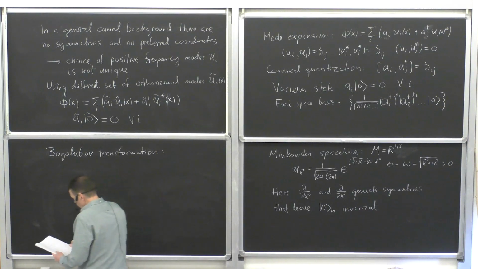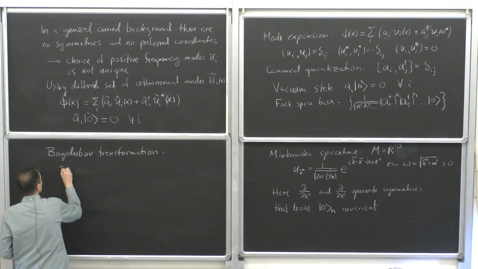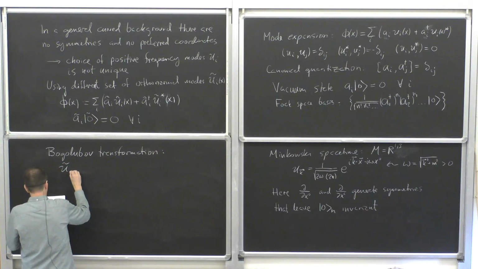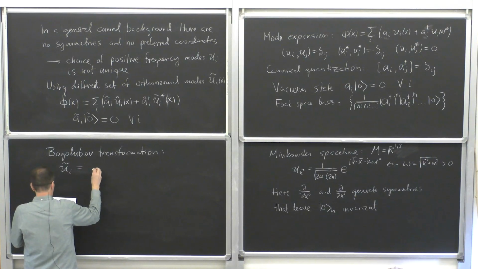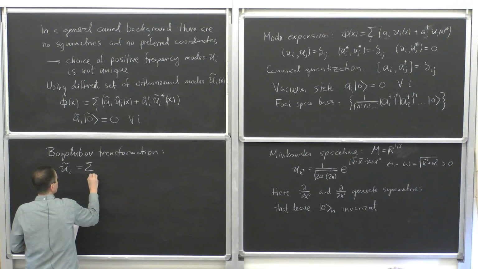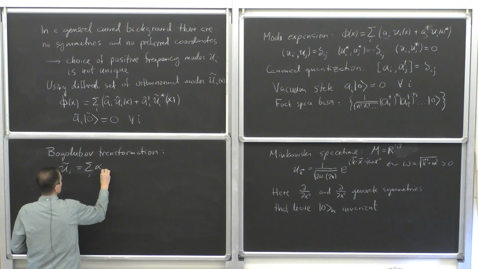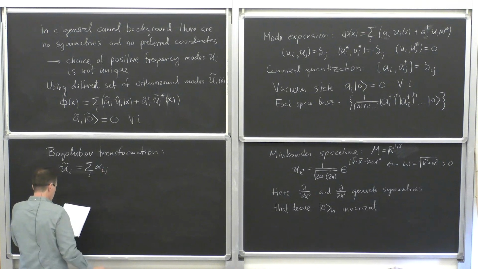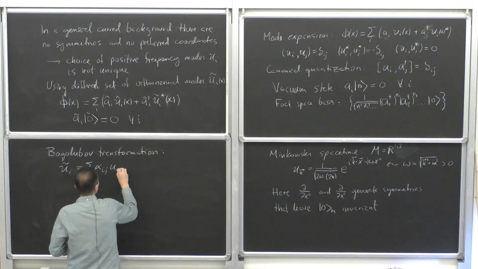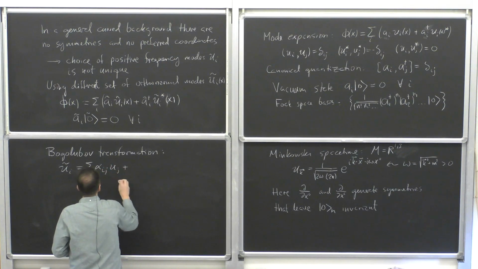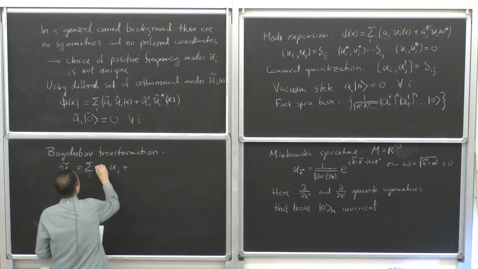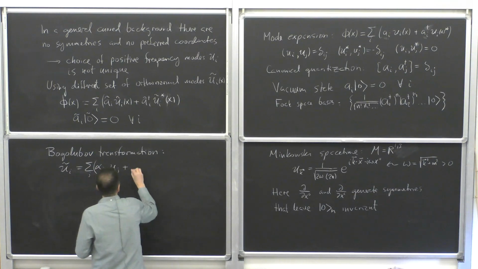Maybe the best way to do it is you simply write down u_i as a linear combination. So if you like, this is just a definition of these coefficients. And then I have beta_ij.